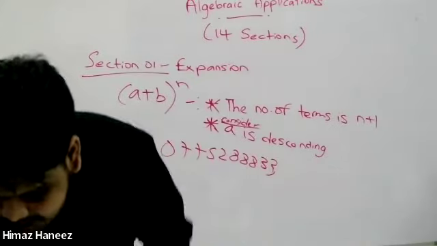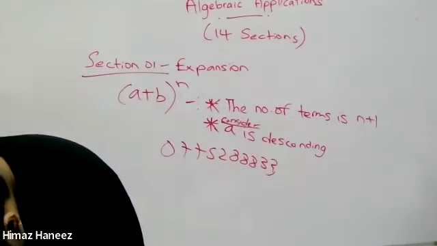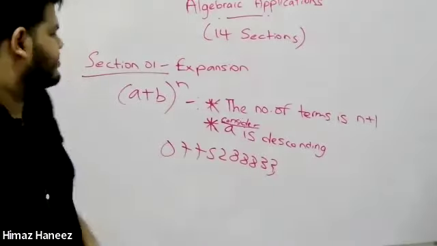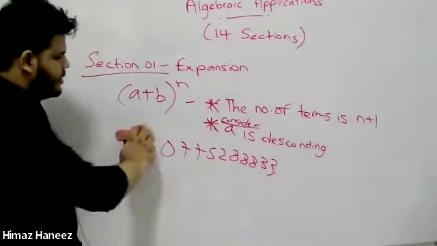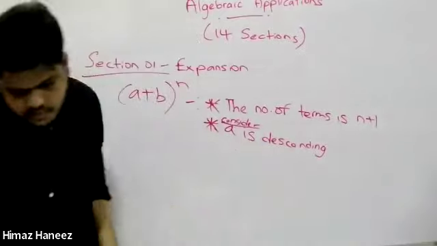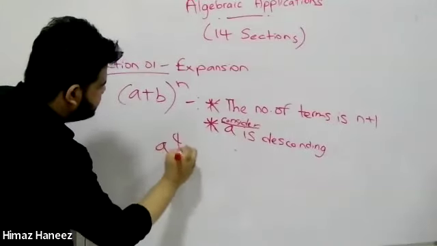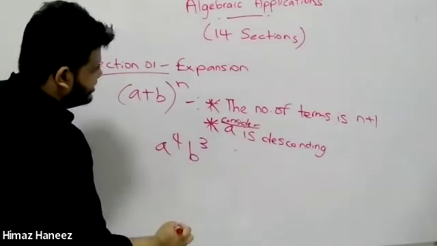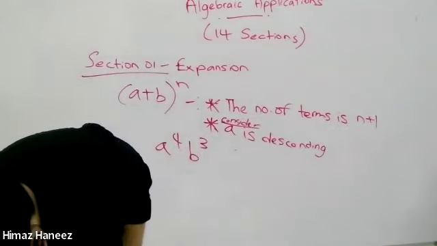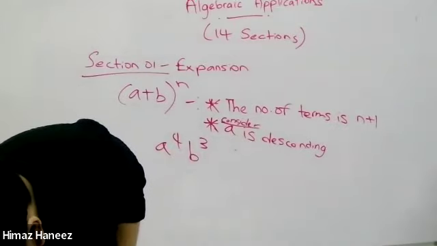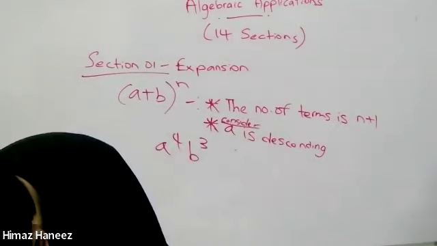It's a small error, okay? The fourth term, okay? Now, we have written a layered power for b cube, okay? Wait.